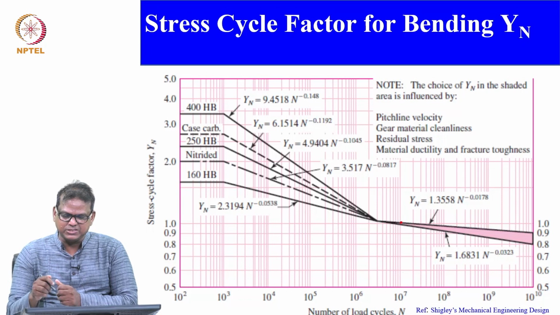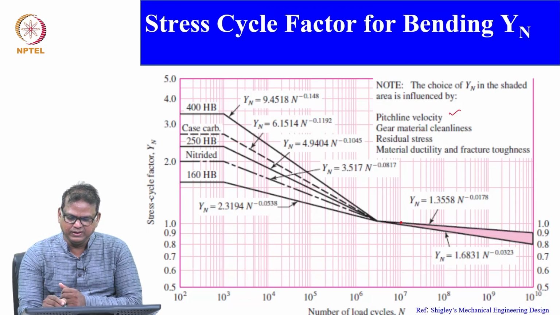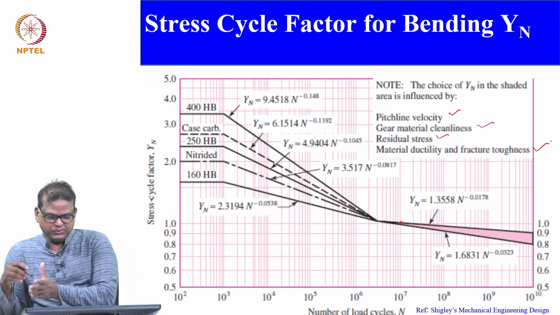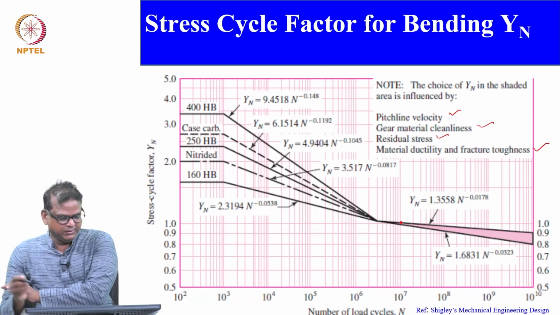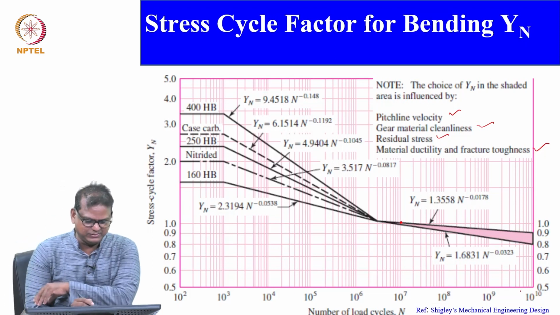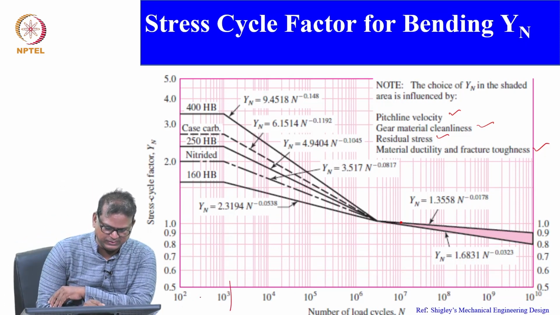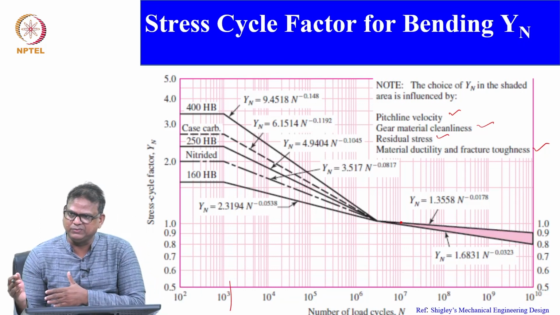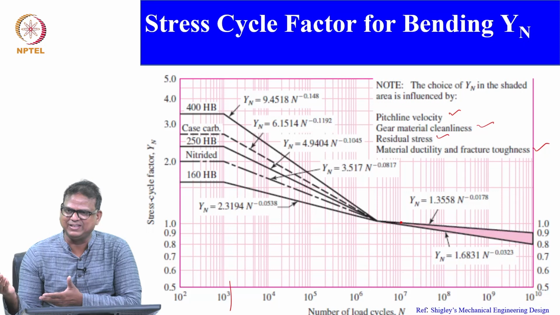Again, this depends upon the pitch line velocity, gear material cleanliness, residual stress, and material ductility and fracture toughness aspects. Anything beyond that, right, your stress will be reduced. In fact, up to 10 power 3 is low cycle, and anything beyond 10 power 3 will be higher cycle fatigue.